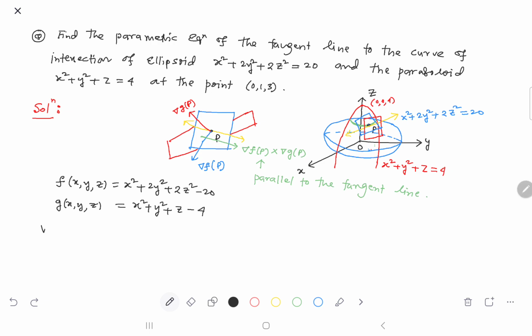Now calculate the gradient of f at x, y, z. Can you tell me the gradient of this function? It will have component del f del x, and we take the partial derivative of f with respect to y and z. This is the f function. Can you tell me del f del x?